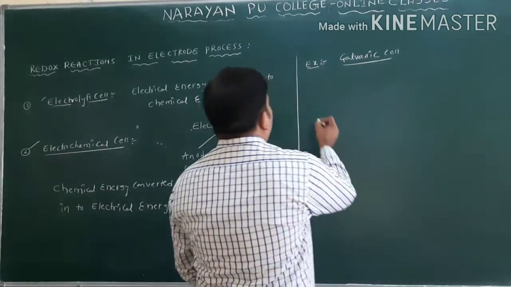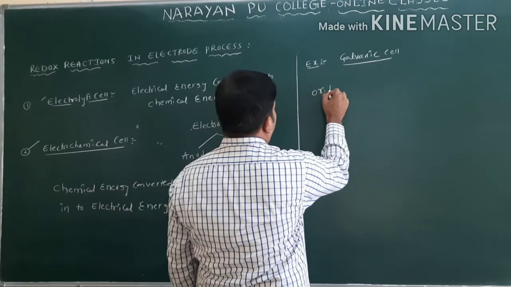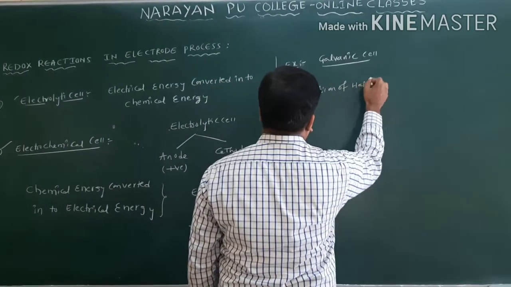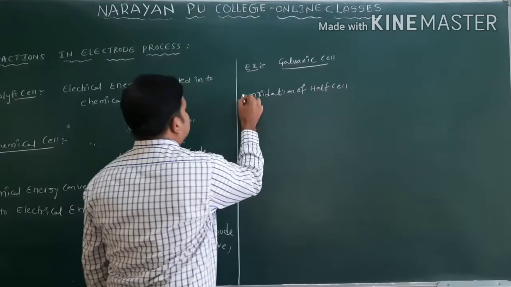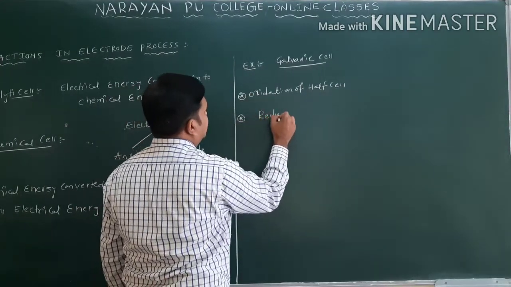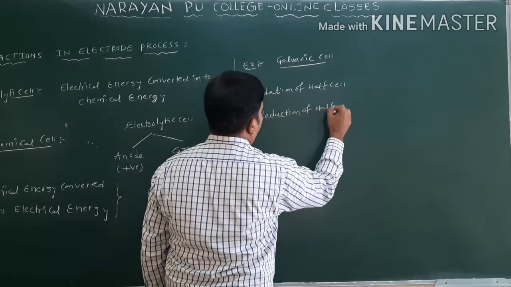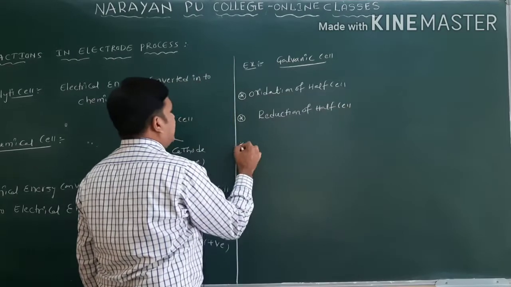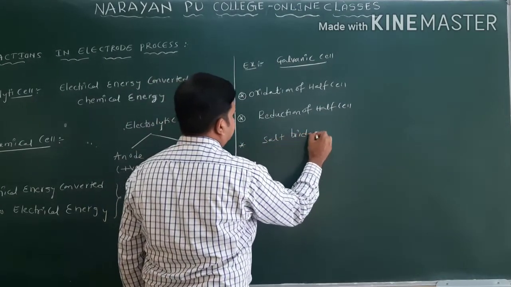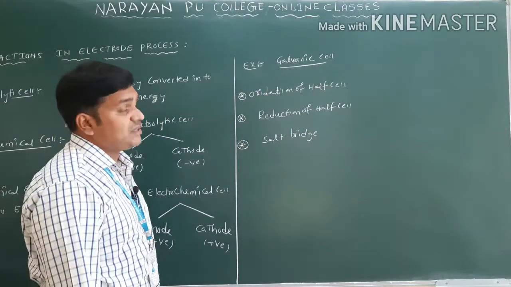To construct the galvanic cell, we require an oxidation half cell, a reduction half cell, and one more thing, the salt bridge. These are the three components required.